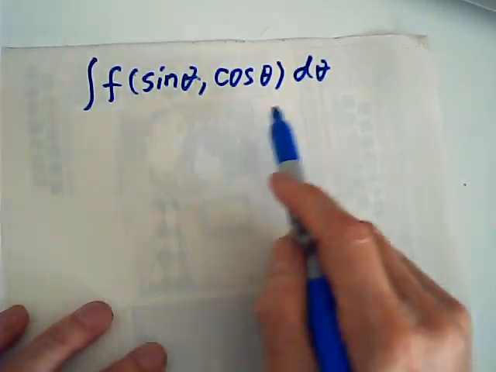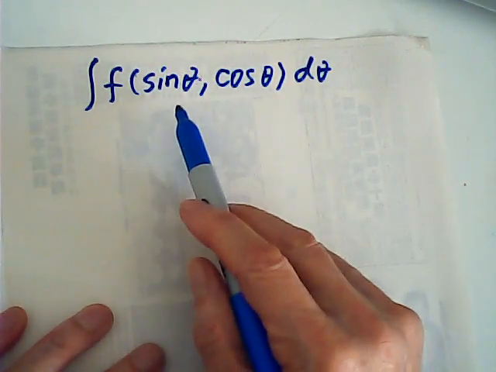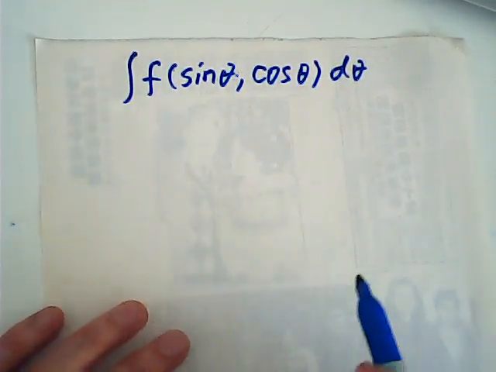Many times we have an integral involving sine and cosine. Of course, there are many ways to deal with such integrals, depending on the function itself. But there's a very good method that students like very much.